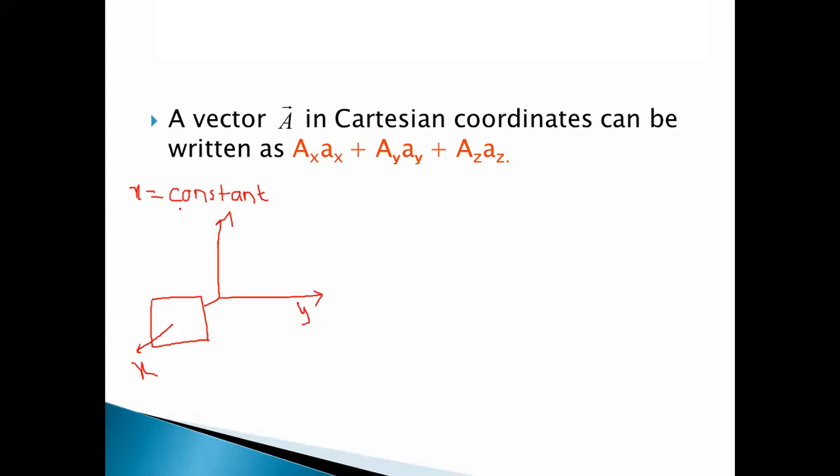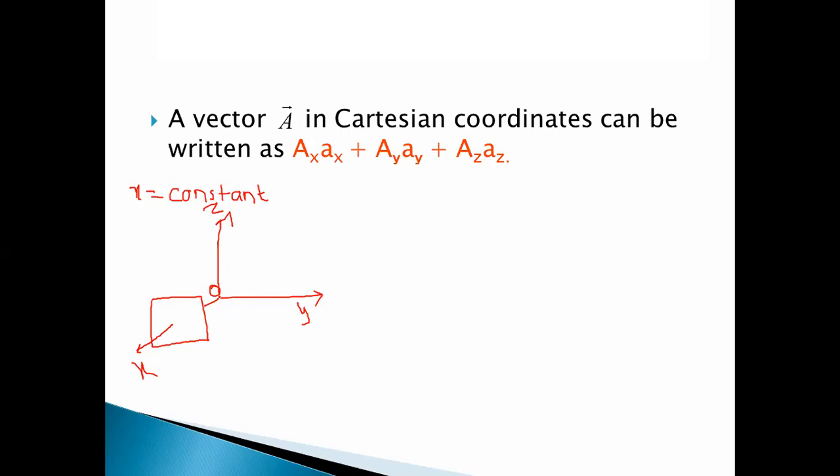So this is your x, y, and z axis, and this is your origin. Here it is shown how this x is equal to constant plane looks.